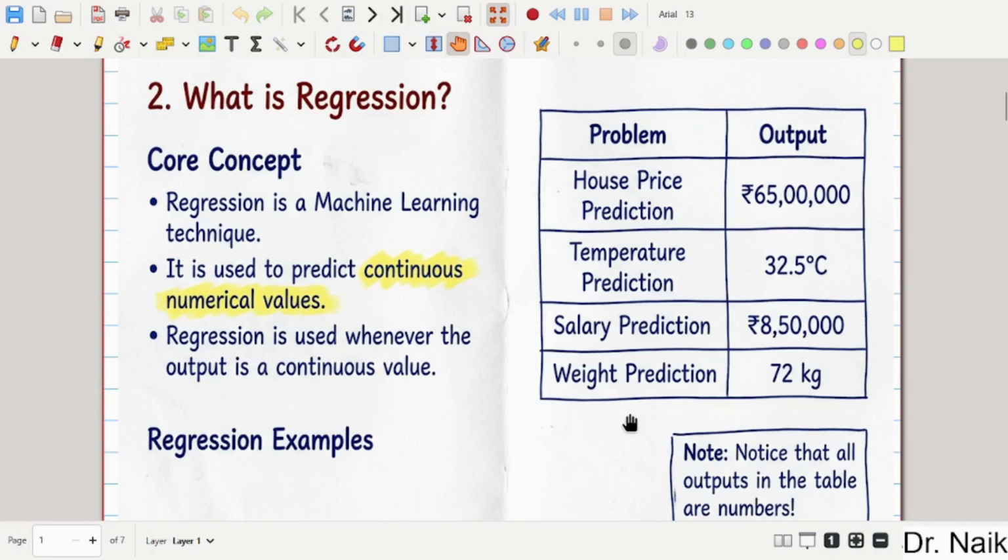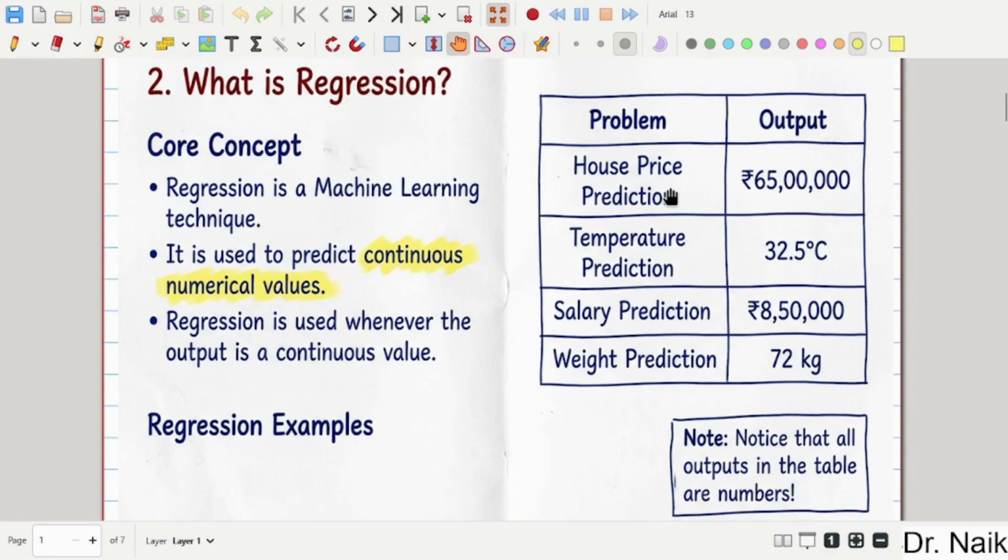For example, in house price prediction, the output value is 65 lakhs. It is a number. Predicting the temperature, whose output is, for example, 32.5 degrees Celsius. Again, the output is a number.